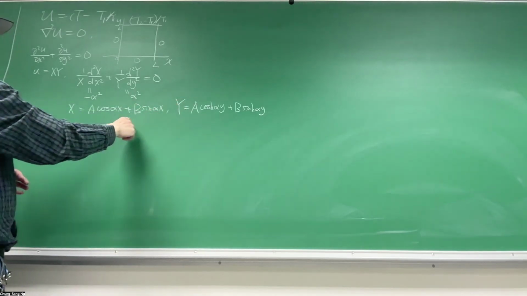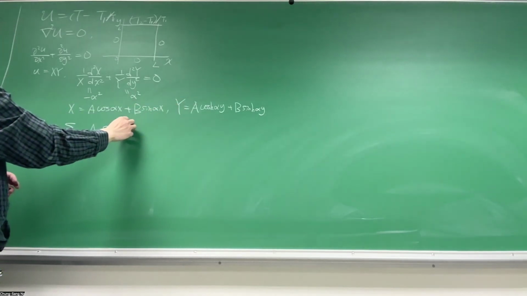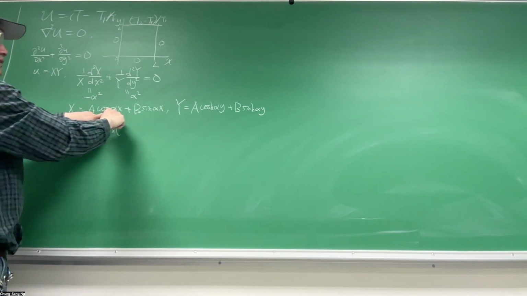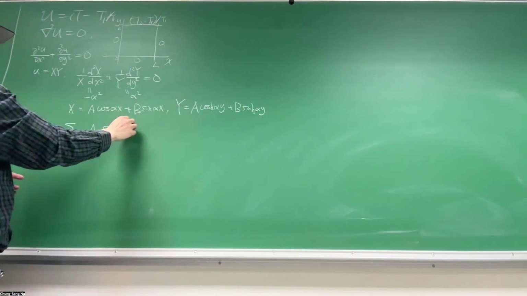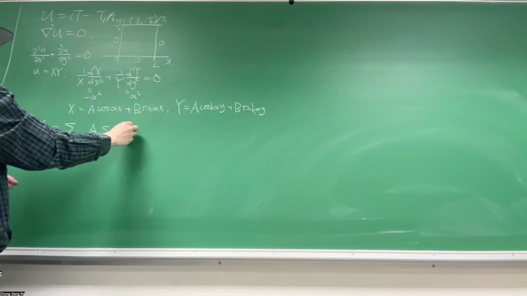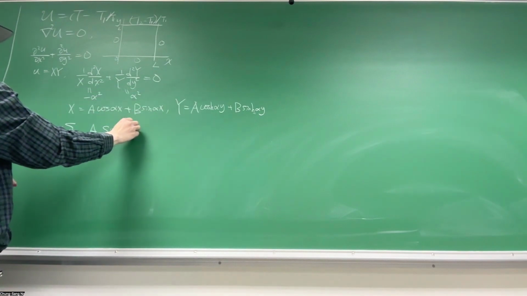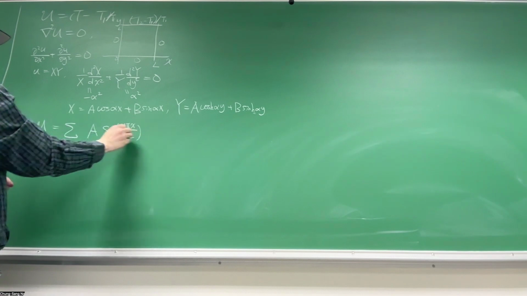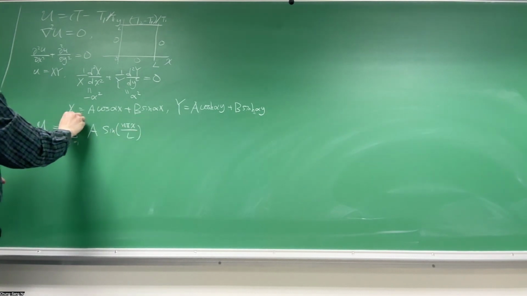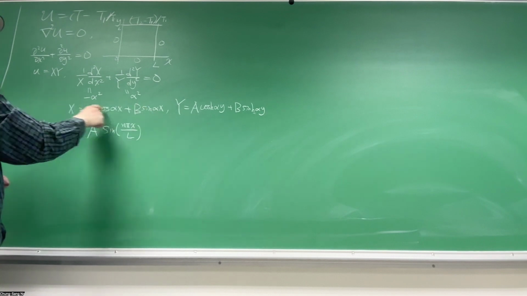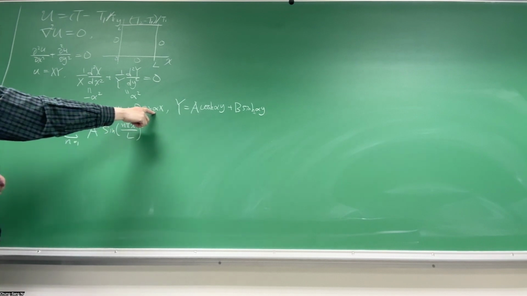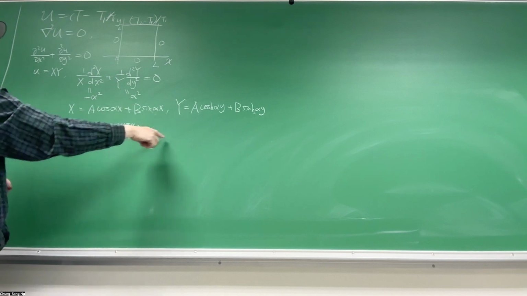Forget about this alpha. So you just use your own variable. Just make sure this is the same as that one, that would make it the same form as this one. So like n pi x over L, n will be 1 to infinity, right? So that fixes this X. So basically just choose the sine term, not the cosine term.